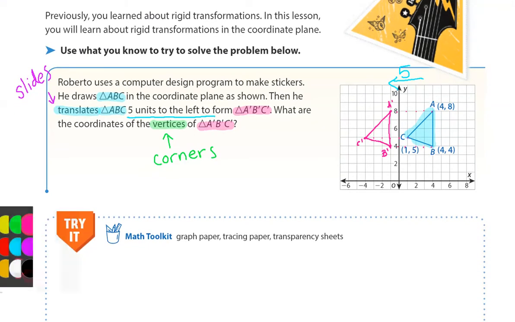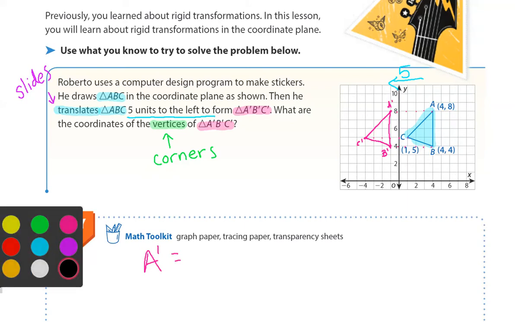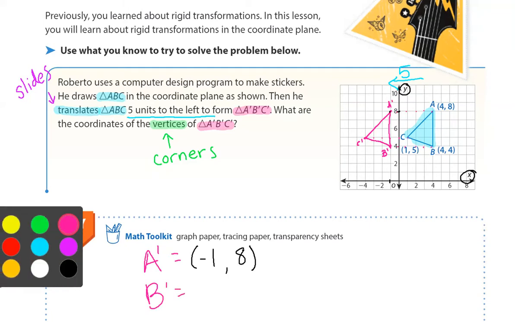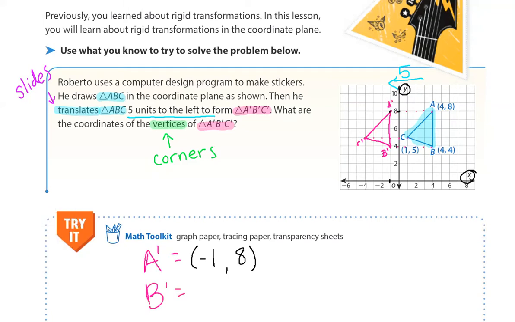So we've got A prime is, let's count it out. Remember, we do the horizontal first because X comes before Y in the alphabet. So we are at -1, and then it's at +8. Then B prime is also at -1, but it's at +4.